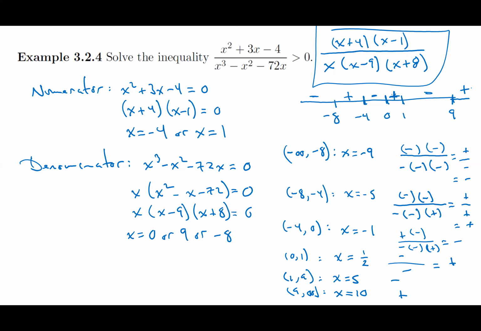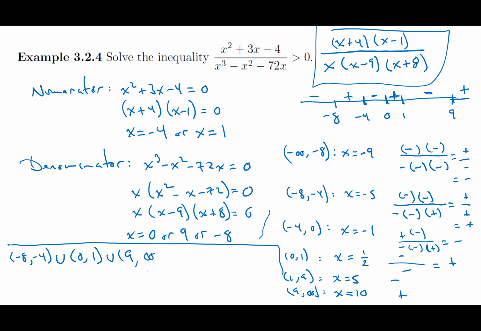And so my solution, and I apologize for putting it down here. So I've got -8, -4, union 0, 1, and then union 9, infinity. Okay, there's my solution.